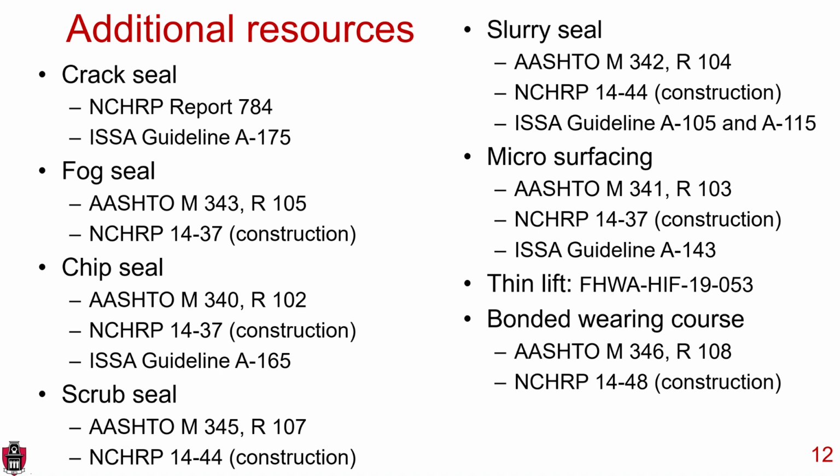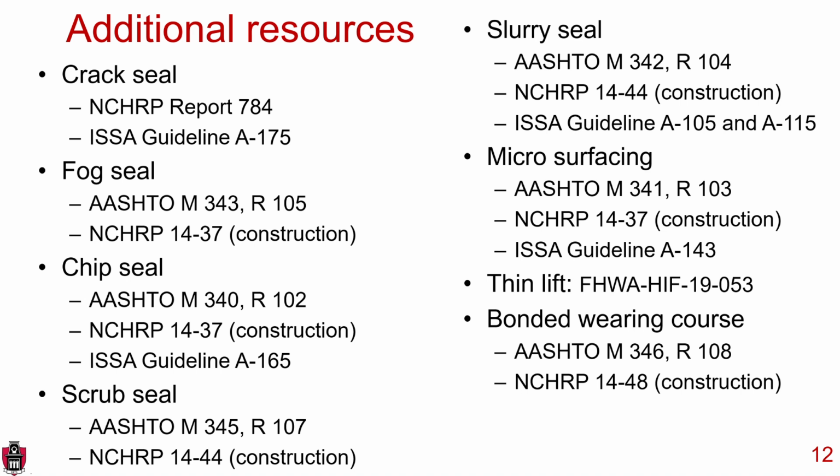Now I could list all these reports and you'd probably zone out, maybe open up another window, maybe put me on 2x speed if I'm not there already. But you can see a lot of these resources are NCHRP reports. They are ISA guidelines, and there are also some very nice FHWA documents and AASHTO material and design standards.